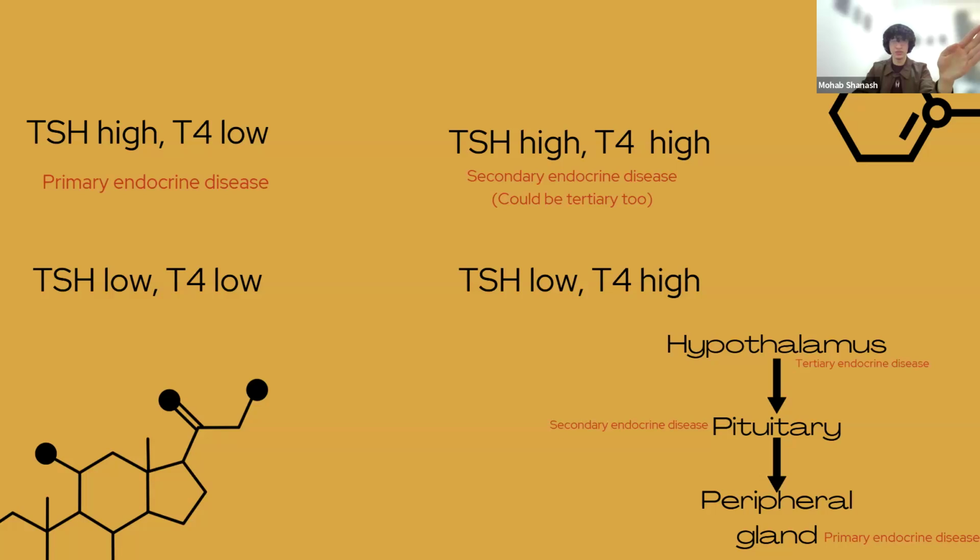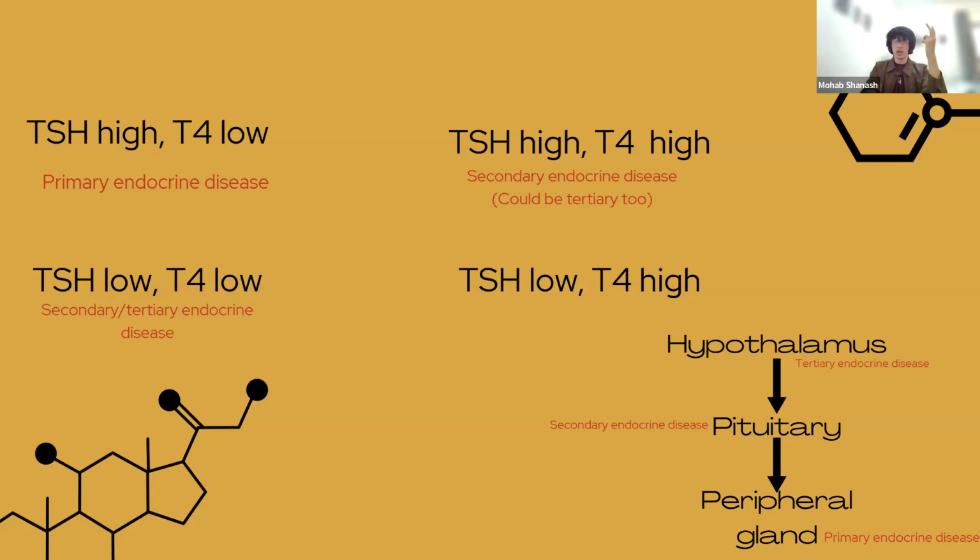If TSH is low and your T4 is low, this is a secondary endocrine disease. It could be tertiary too, but the main problem is with our pituitary, because in this case, the pituitary isn't releasing stimulating hormone. Once again, you have two reasons. Either the pituitary isn't capable of releasing the hormones, or the hypothalamus isn't releasing its releasing hormones.